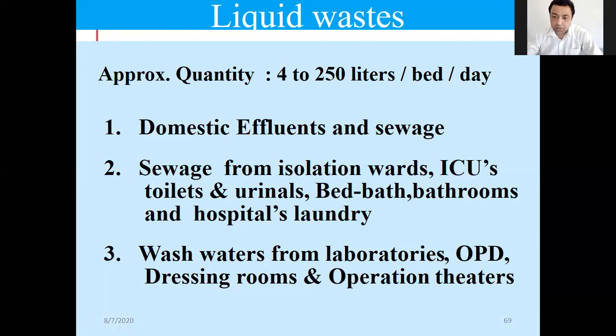Liquid waste is another important aspect. The approximate quantity is 4 to 250 liters of liquid waste per bed per day. It varies according to hospital setting and process. Sources include domestic effluents and sewage from isolation wards, ICU, toilets, urinals, bed baths, bathrooms, and hospital laundry, as well as wastewater from laboratories, OPD, dressing rooms, and operation theaters.